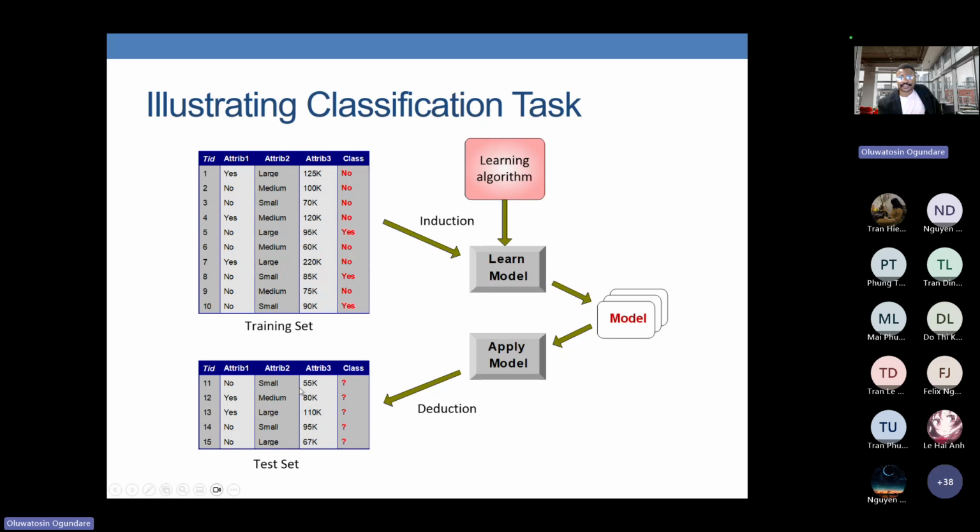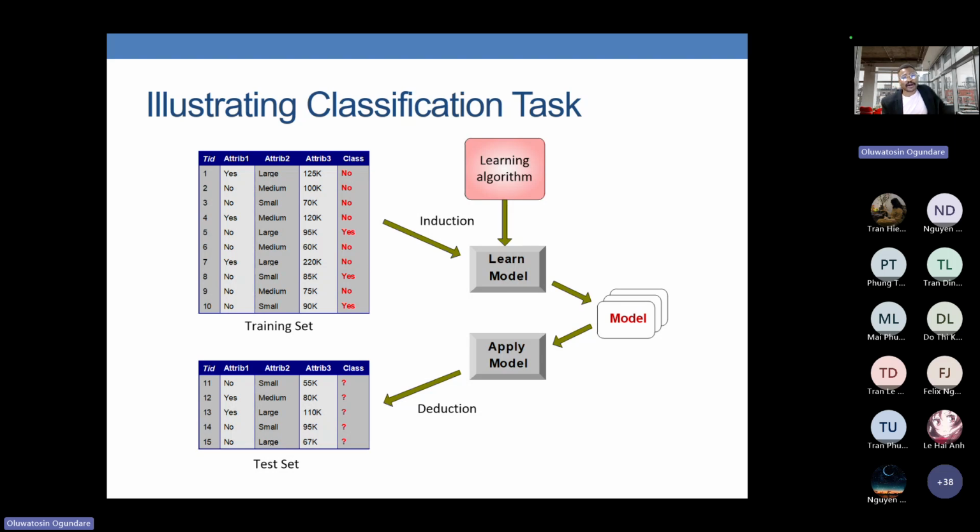Nearest neighbor generally would say, well, this sample is close enough to a no. Imagine that this is a point on a graph, right? This no, small, 55K is going to be very close to no, small, 70K, and it's going to determine that it's a no. That's how nearest neighbors would do this, right?